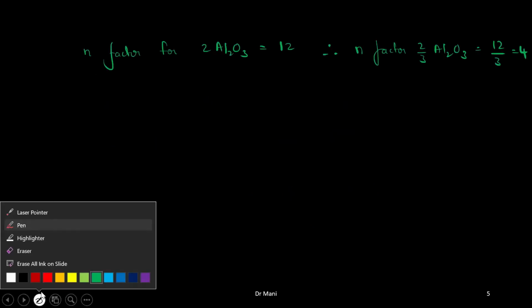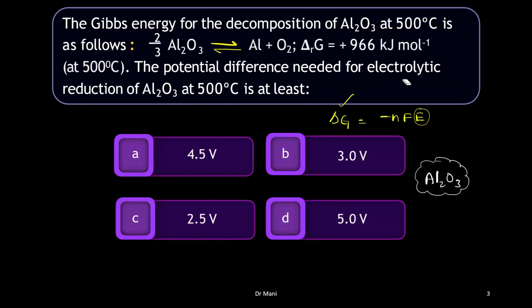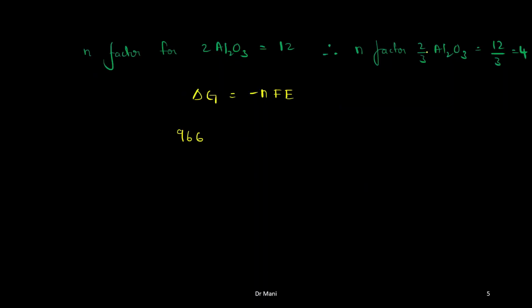Now I know the formula. I know n. So what is the formula? Delta G equals minus nFE. And delta G is given as 966, in kilojoules per mole. So I can take it as 10 power 3, equals minus 4 into F value 96,500 into E. So I can cancel out this and this.